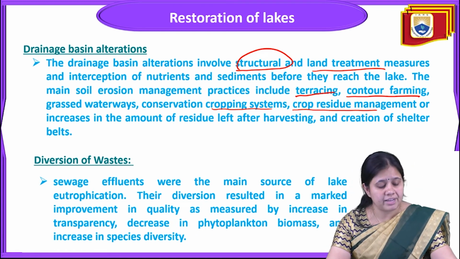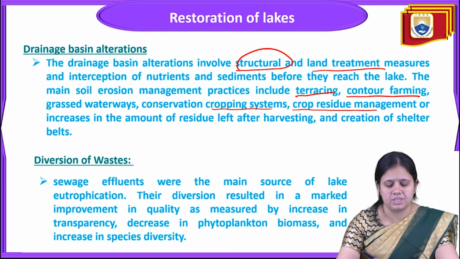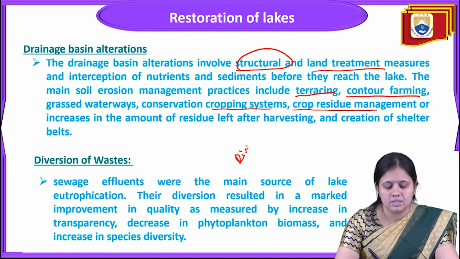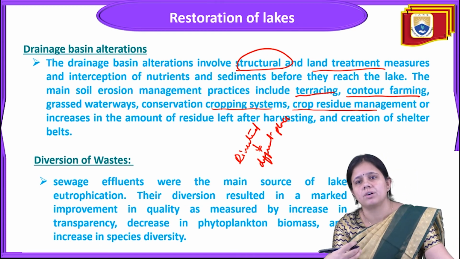Next is the diversion of waste. Sewage effluent was the main source of lake eutrophication, so it should be diverted to a different place so that it is not able to enter the water bodies.